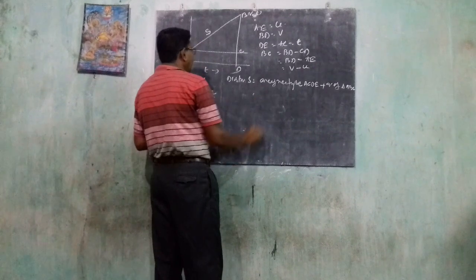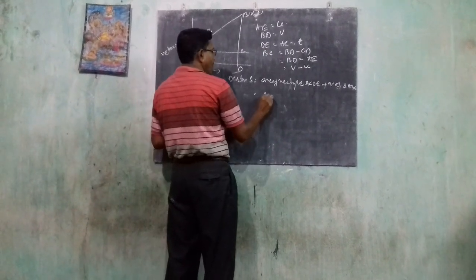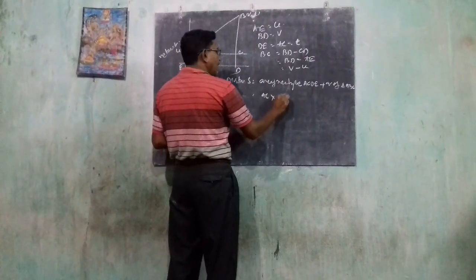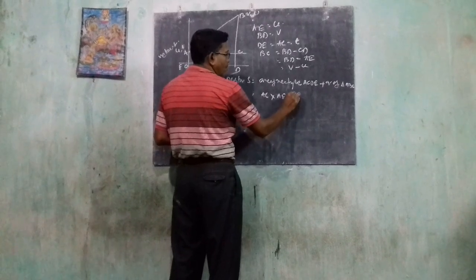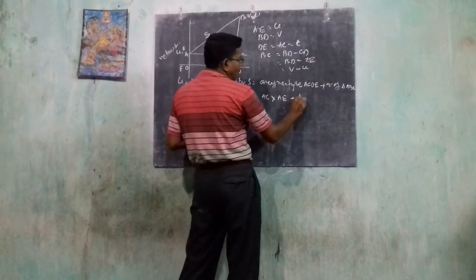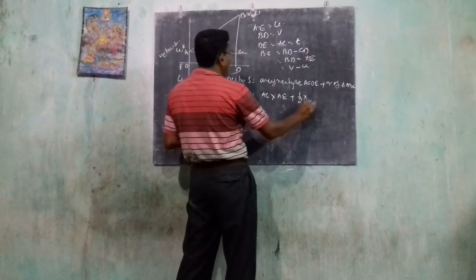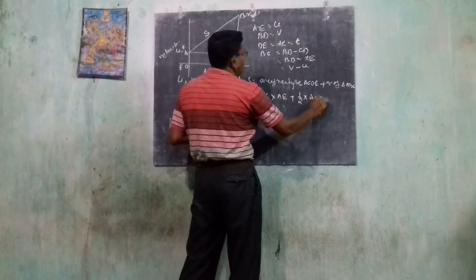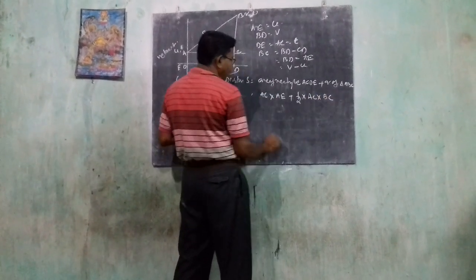So the area of rectangle is length into breadth, AC into AE, plus the area of triangle, half base into height, which is BC.